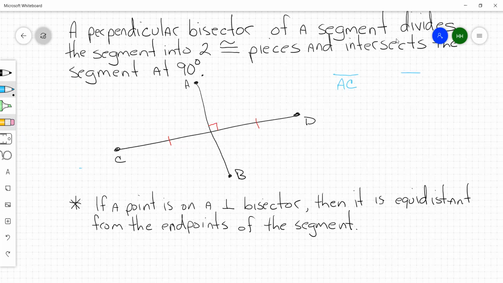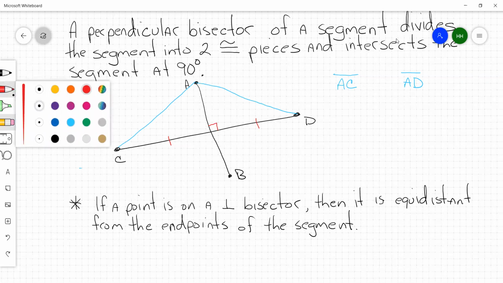It's not drawn, doesn't need to be drawn. We can draw it if you need to picture it. And segment AD. Based on this rule we just wrote down, what can you say about those two segments?